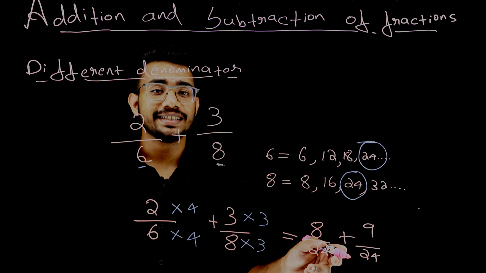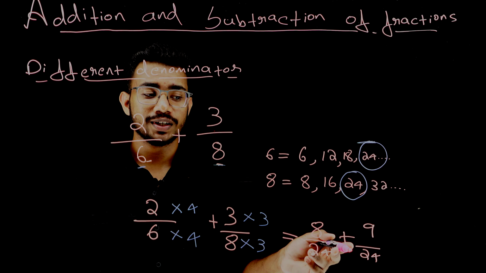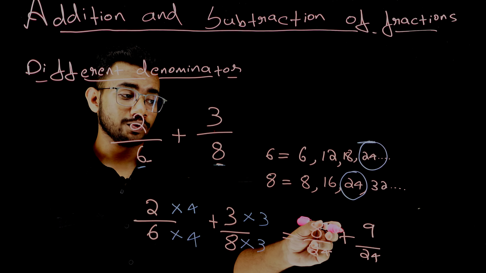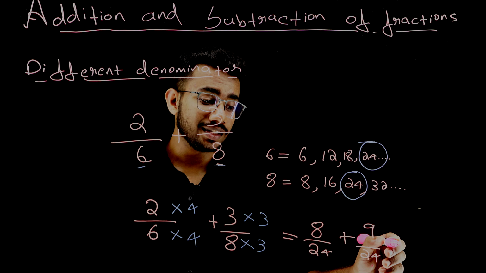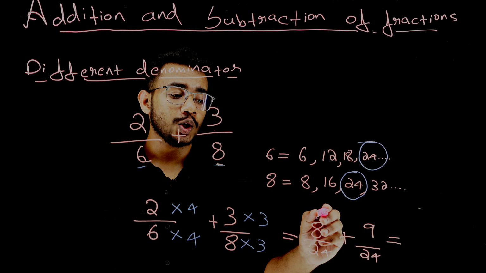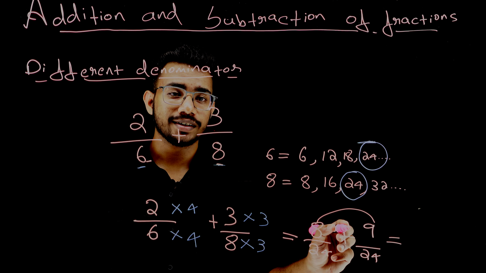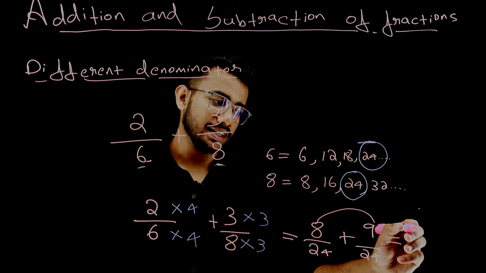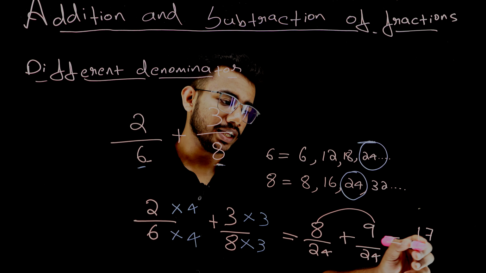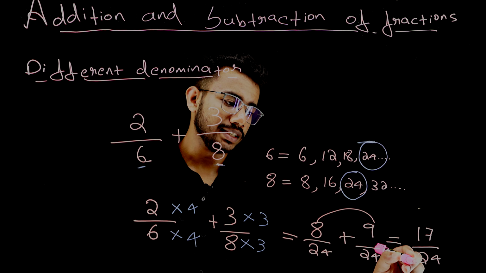Now it is exactly the same as the first question we did, with the same denominators. So I just have to add the numerators. What is 8 plus 9? 17. That gives me 17 by 24 as the answer.